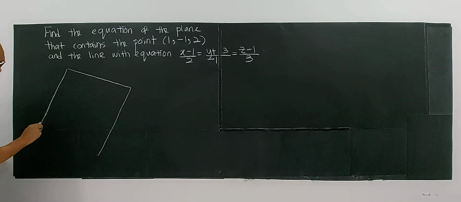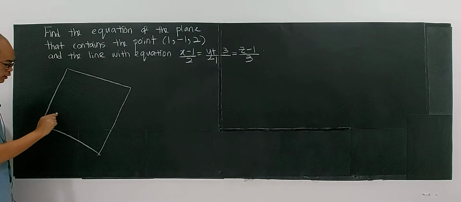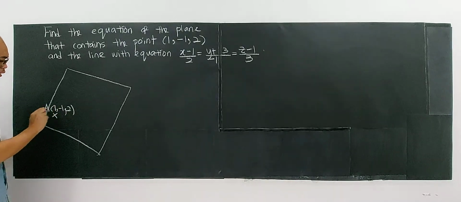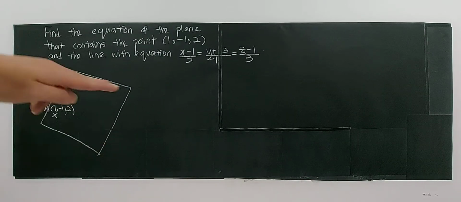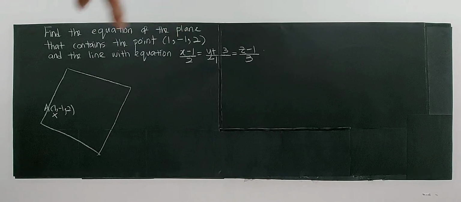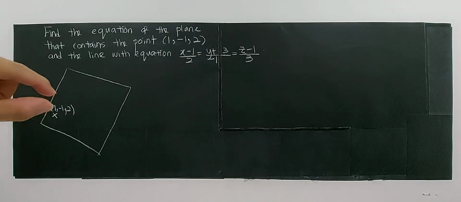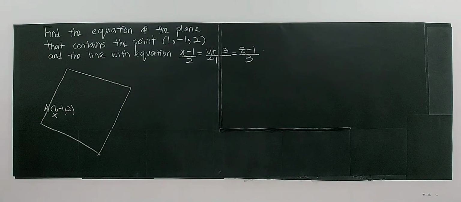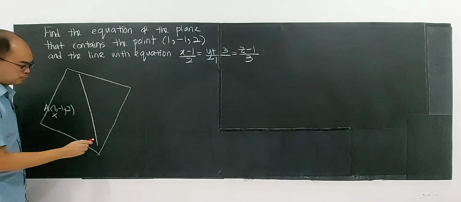So we have a plane that contains the point 1, -1, 2, and we label this point A. This plane contains the point and a line, which means that the line is on the plane. You can draw the line on the plane.